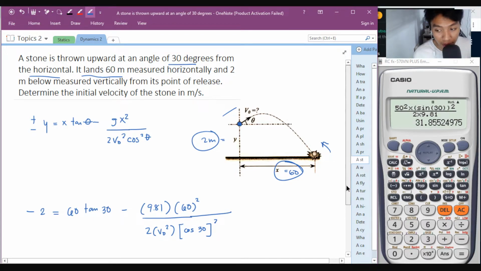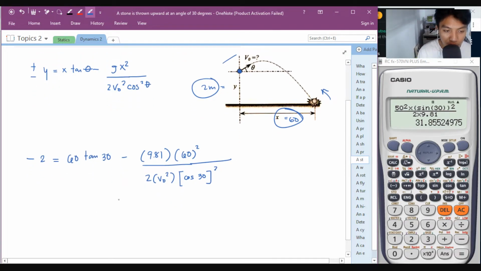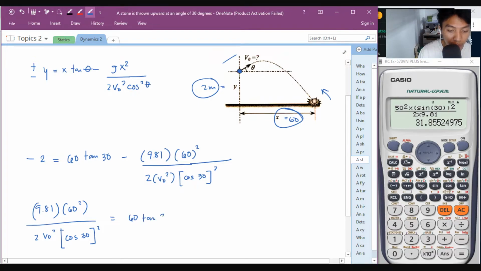We can simplify the value. So, 9.81 multiplied by 60 squared divided by 2 V0 squared cosine 30 squared equal to 60 tangent 30 plus 2.